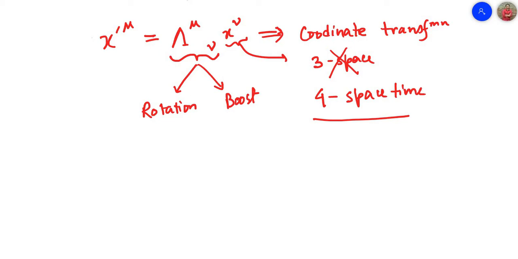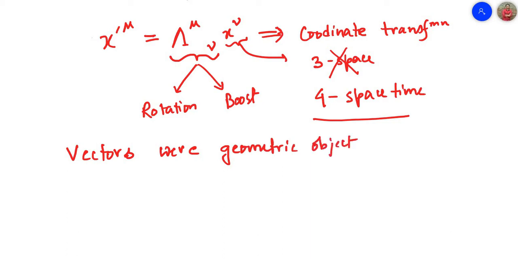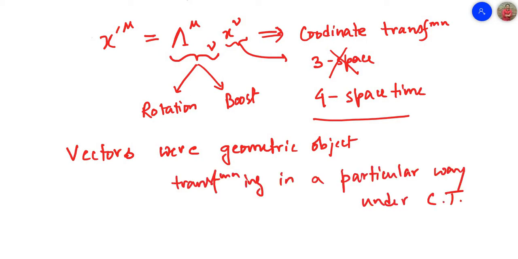So remember, how did we define vectors? We defined vectors as geometric objects that transform in a particular way under coordinate transformation. And then we generalized, we saw different kinds of vectors, and all of them have this same common property, that they transform in a particular way under coordinate transformation. Well, the Lorentz transformation looks like the coordinate transformation in 4-dimensional spacetime, which it is, right?